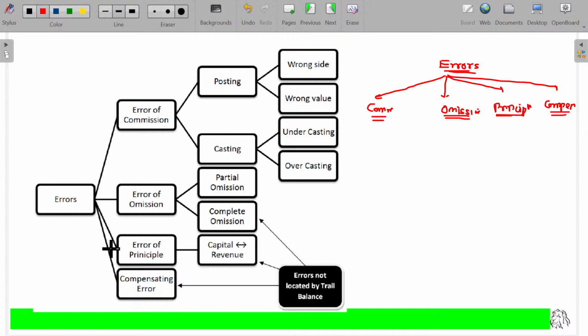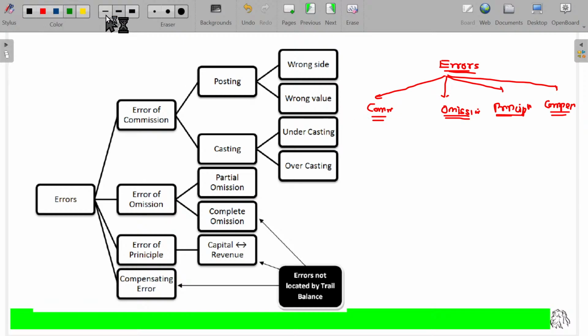Error of commission is nothing but the error you made. Commission is nothing but I commit a mistake. I did it, but I did it wrongly.